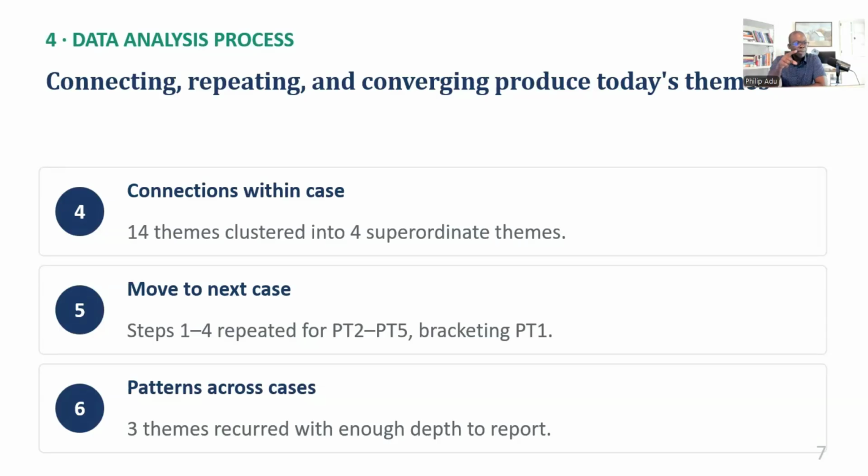So for participant PT1, 4 superordinate themes, or what we call the overarching or main themes, were generated based on the 14 initial themes. Then I repeat the same process for the rest of the participants.